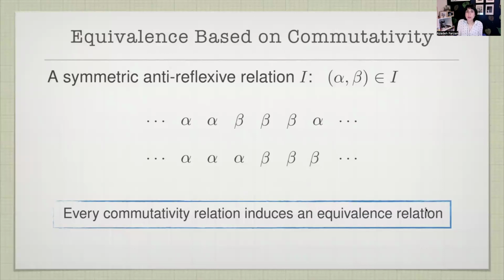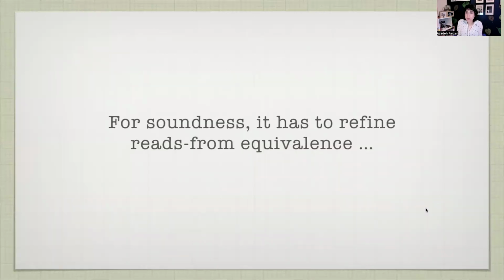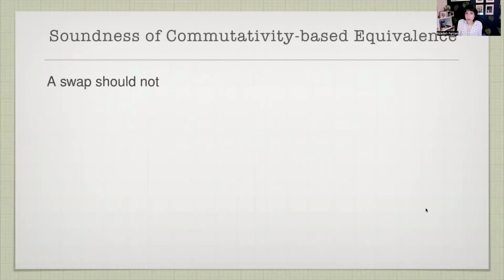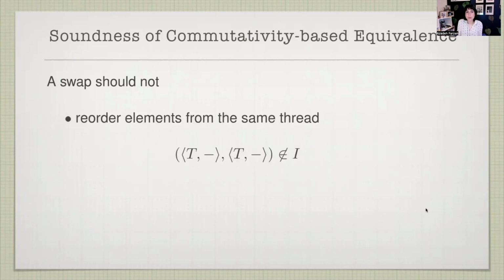Now, when is such an equivalence sound? When it refines the reads-from equivalence, which is the coarsest relation. For that, we have to make sure that any swap will not break reads-from equivalence. And there come the two relations that a lot of people instinctively would buy. One is you cannot reorder events from the same thread, so those will never commute.